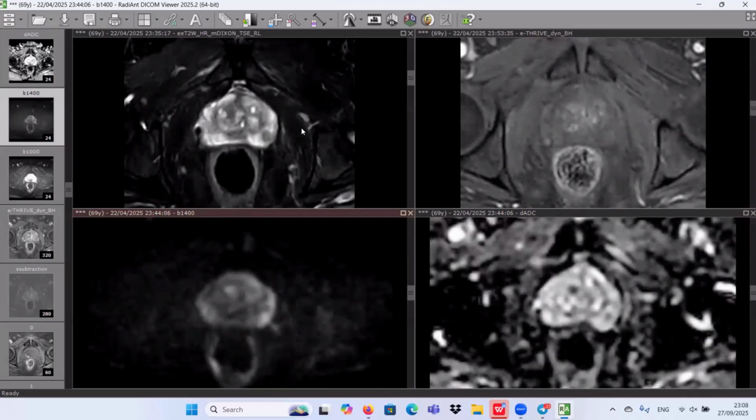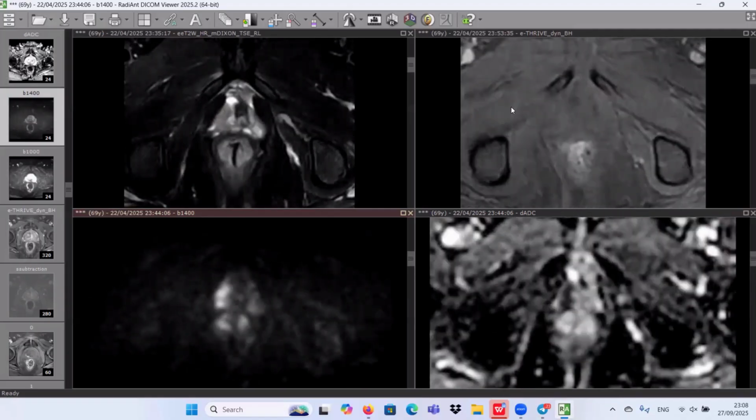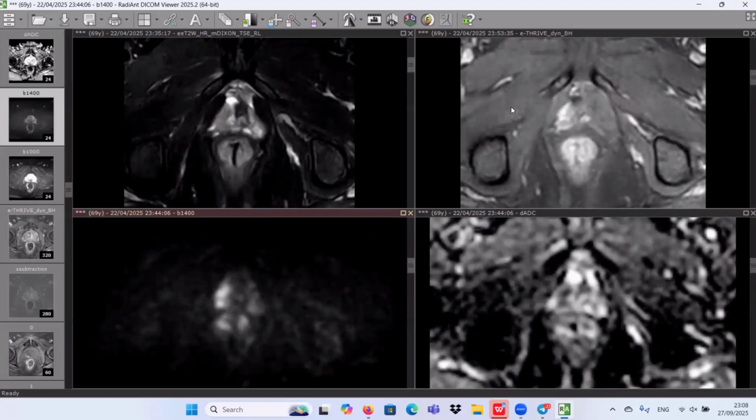On the T2 weighted image, as you can see here, this is a mass lesion displaying low T2 signal. Also, we have another mass lesion on the apical zone displaying low T2 signal. On the early phase of the dynamic, the lesion shows intense rapid contrast enhancement as compared to the rest of the gland, with rapid washout of the contrast media.